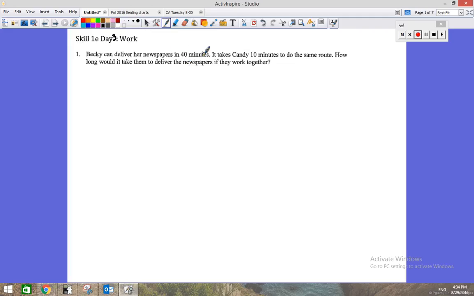So if it takes Becky 40 minutes to complete one job, on a per minute basis she's getting 1/40th of the job done. Cindy apparently does it a lot faster, in 10 minutes, and on a per minute basis, she's getting 1/10 of the job done. And it's asking how long would it take them working together.